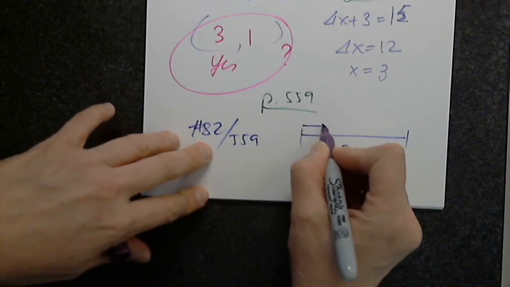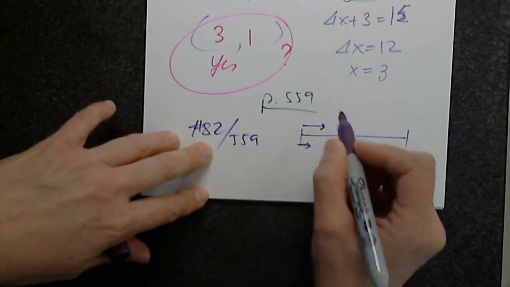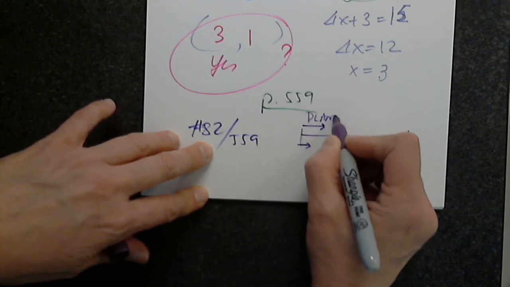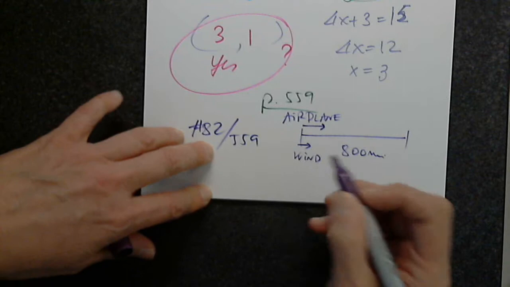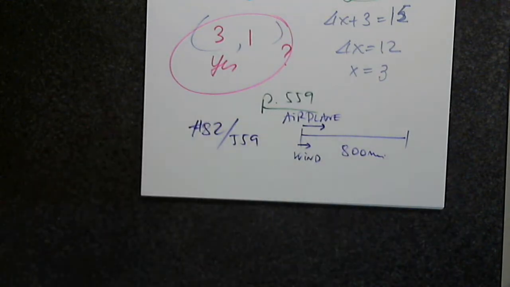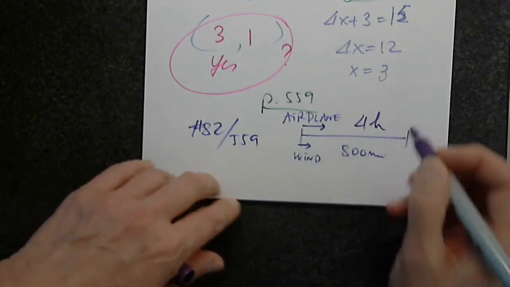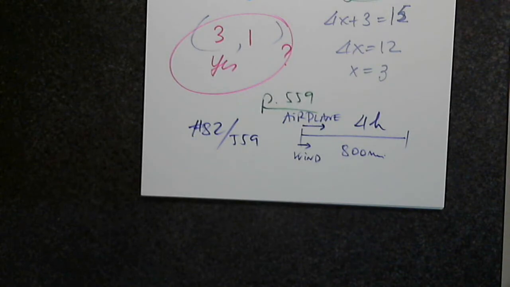So I'm going to say this is the airplane and this is the wind. Plane and wind in the same direction, 4 hours. So the wind and the airplane are helping each other. Of course, the wind is helping the airplane. So they have the same direction. Okay, now let's read on.